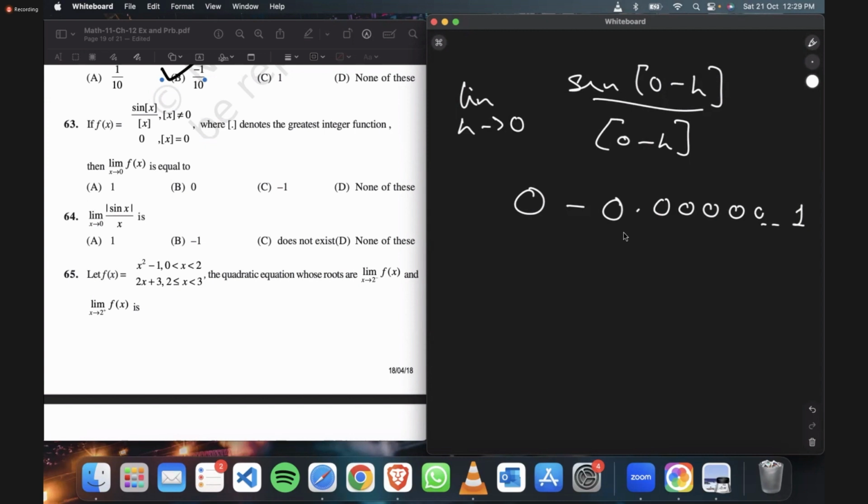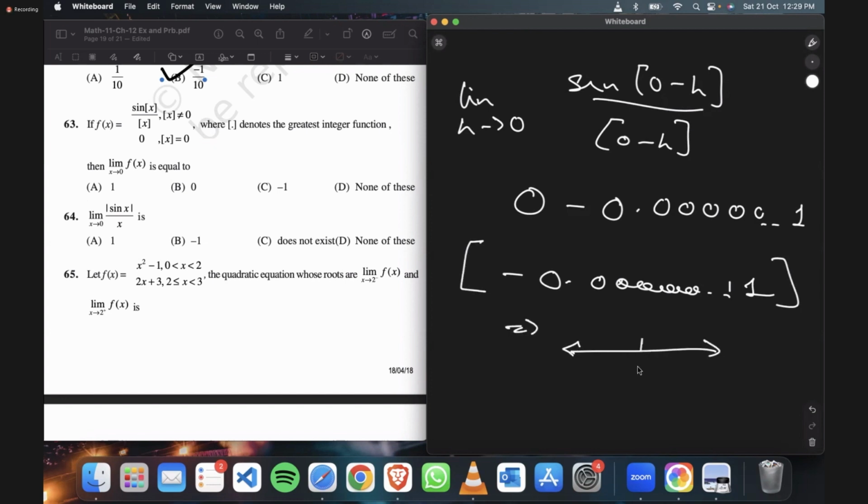Okay, h is approaching 0, right? So this will return a value of what? Minus 0.0000000 and so on till 1. What will be its GIF? This is my number line, this is my 0, this is my minus 1, this is my plus 1. A little before 0, it is at this place, meaning in this region. Which is the first bar behind it? Minus 1. So it will return the value of minus 1, right?